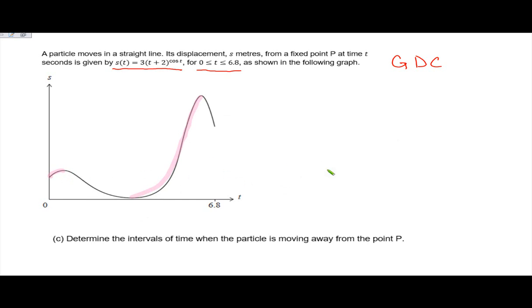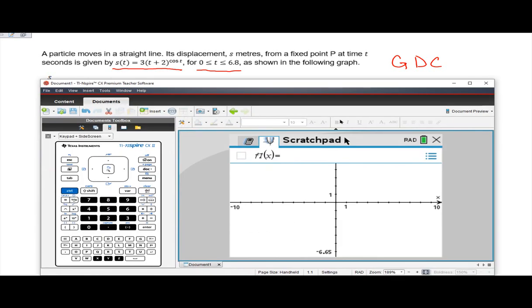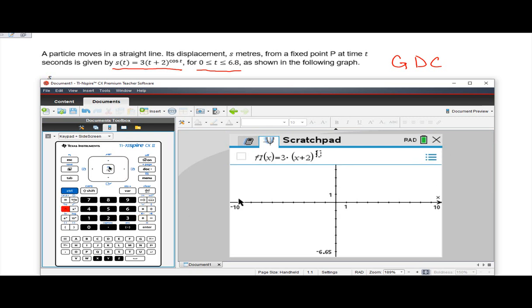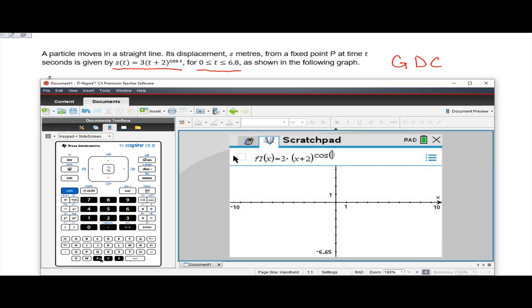So when we graph this function on our Inspire, make sure I'm in radian, I'm graphing 3 times parentheses x plus 2, exponent cosine x.